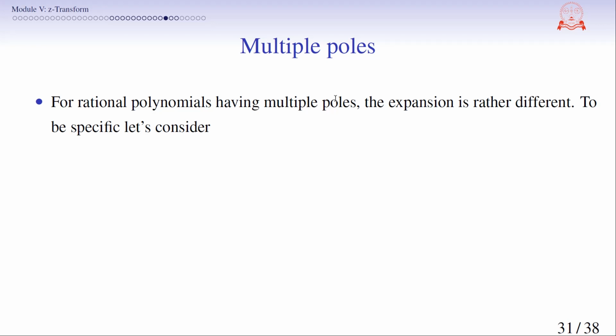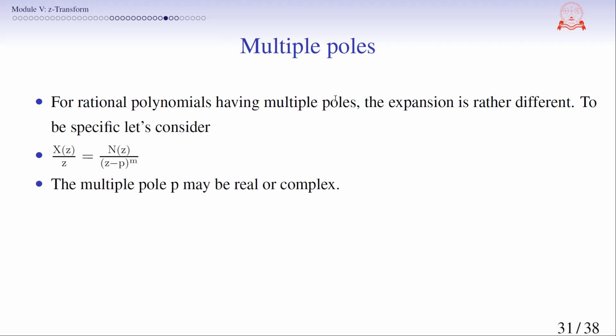Next is if we have multiple poles. For a rational polynomial having multiple poles, the expansion is rather different. Here we have to find X of z by z, and that's equal to numerator part of z divided by z minus p the whole raised to m. Here p is the multiple pole, which can be real or complex valued.